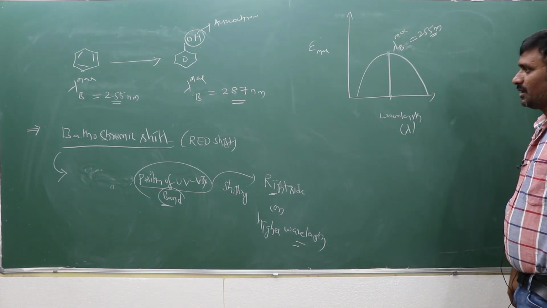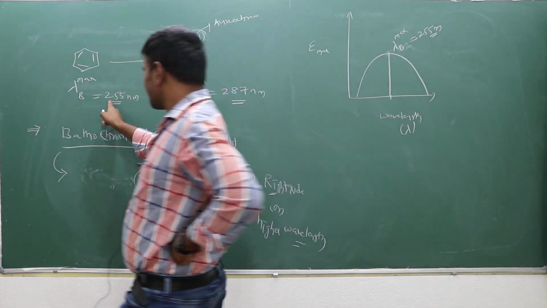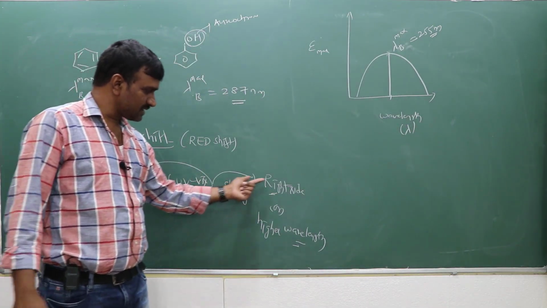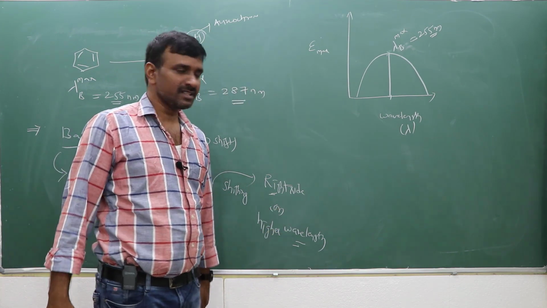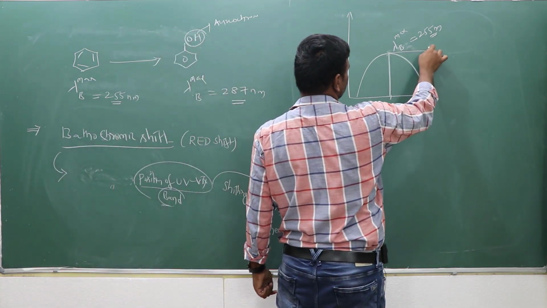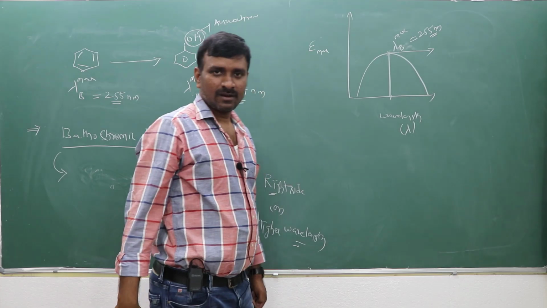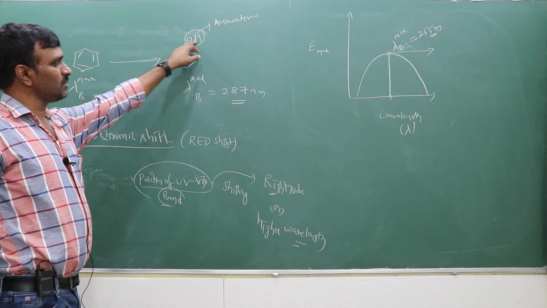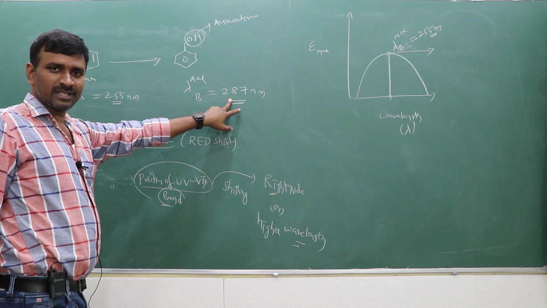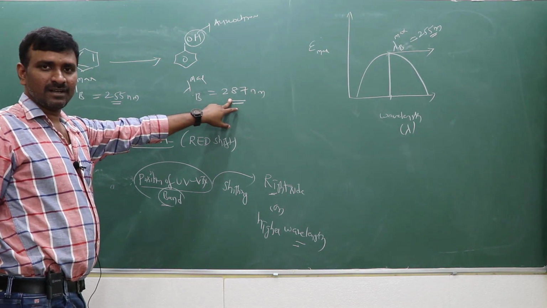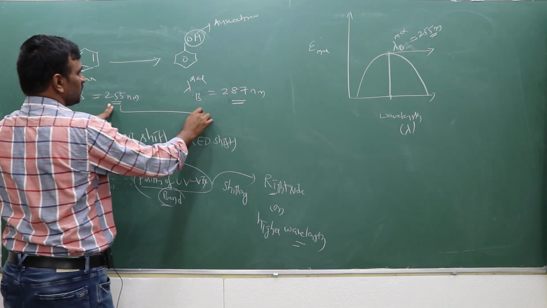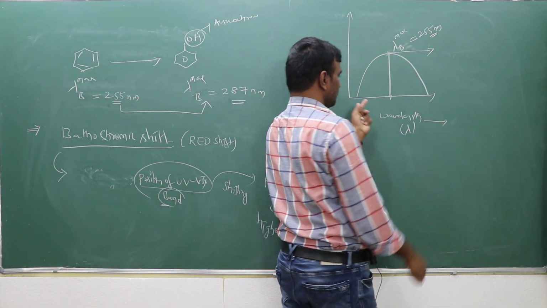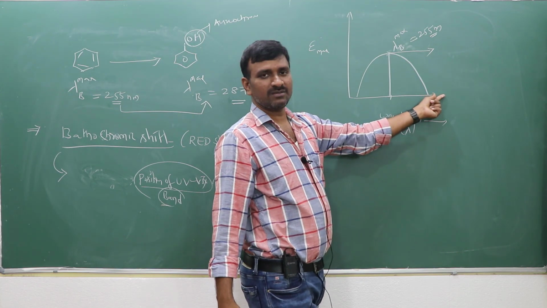When this position of the UV visible band shifts towards the right side or higher wavelength side, right side means this side. So what will happen when it is attached to the auxochrome? This will be shifted to 287 nanometers. That means shifting towards the higher wavelength side. This is lower wavelength, this position is higher wavelength.